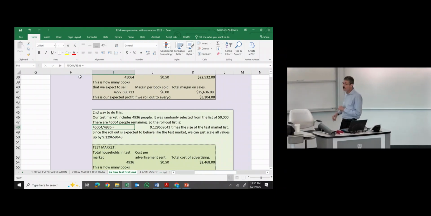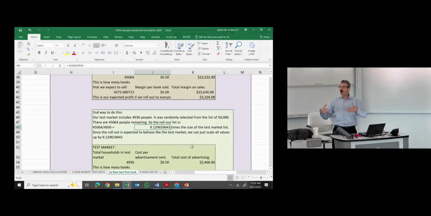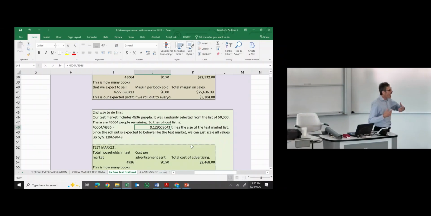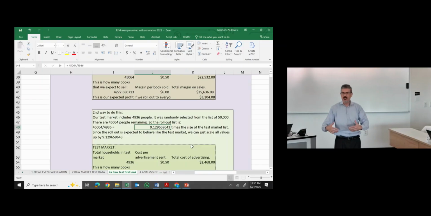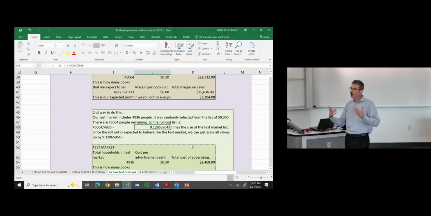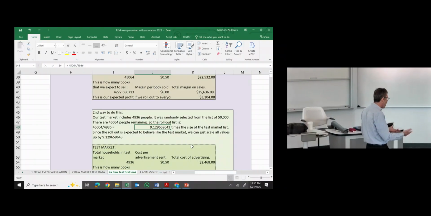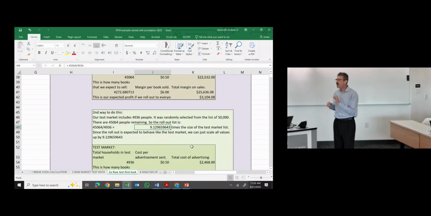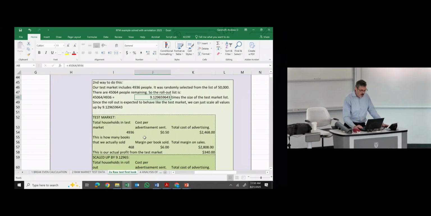I've got 4506 in the rollout sample, 4936 in my test market, so it's about 9.12 times larger. I expect that I'll send advertisements to 9.12 times more people than I did in the test. I expect 9.12 times more people will purchase, and I expect that I will get 9.12 times more profit, since this is representative of the overall group.